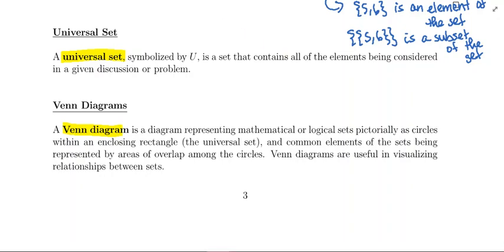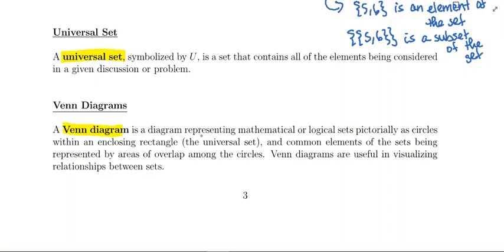We're about to look at some examples of Venn diagrams, but the big thing you need to remember right before you see this is that your Venn diagram is going to have a rectangle, and the rectangle represents the universal set. That's everything under consideration in the problem. There may be smaller sets inside the Venn diagram, and those will typically be circles.